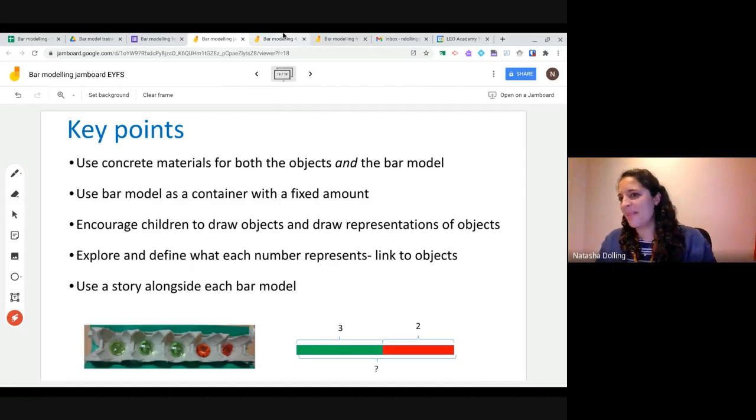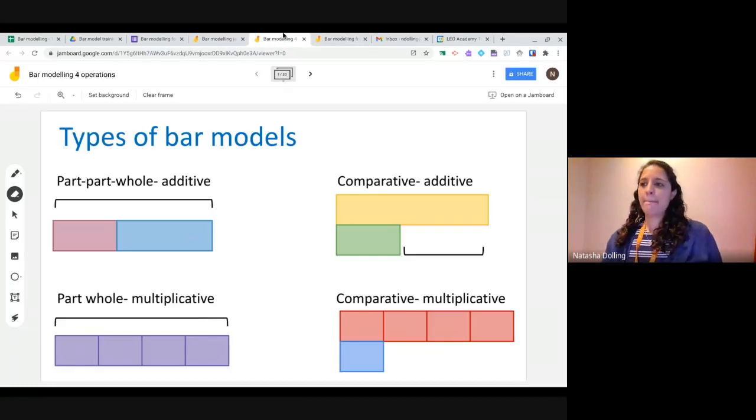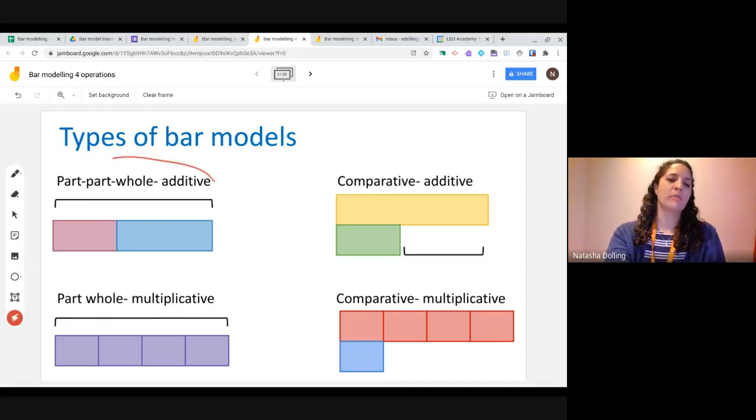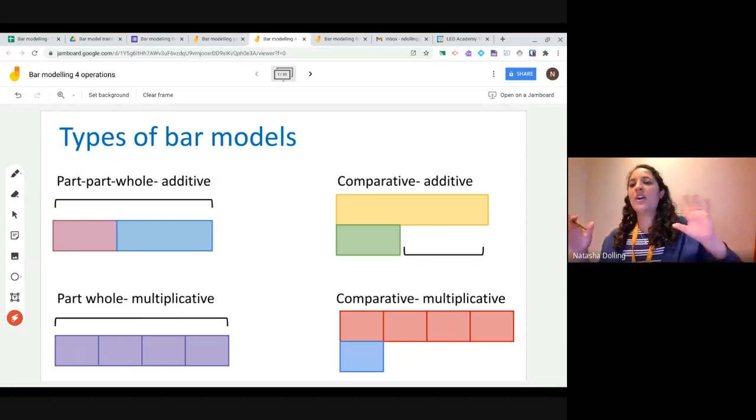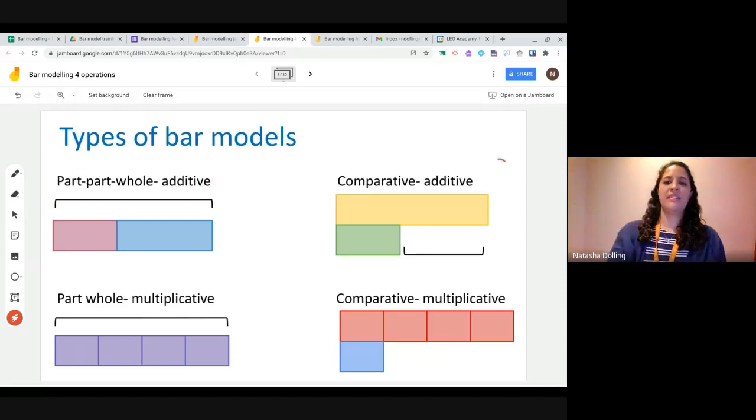Any questions about that, please feel free to pop them in the chat. And I'm going to continue on to our 4 different types of bar models. Now, we were just doing a lot of work on this part, whole bar model here. This is how you can think of the 4 different types of bar modelling. You can think that there are 2 types of additive bar models, and there are 2 types of multiplicative bar models.